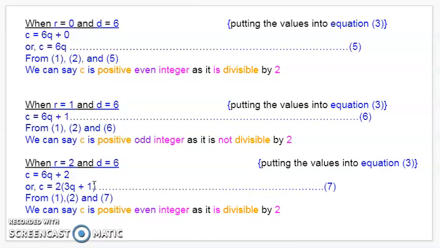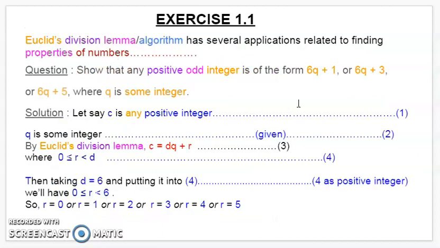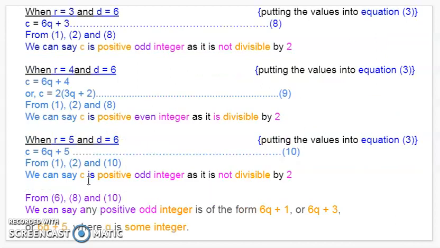So this is also not necessary to do, because we have to obtain 6q plus 3. So we have to do it with r equals 3. So 6q plus 3, and we get a positive odd integer, which is not divisible by 2.